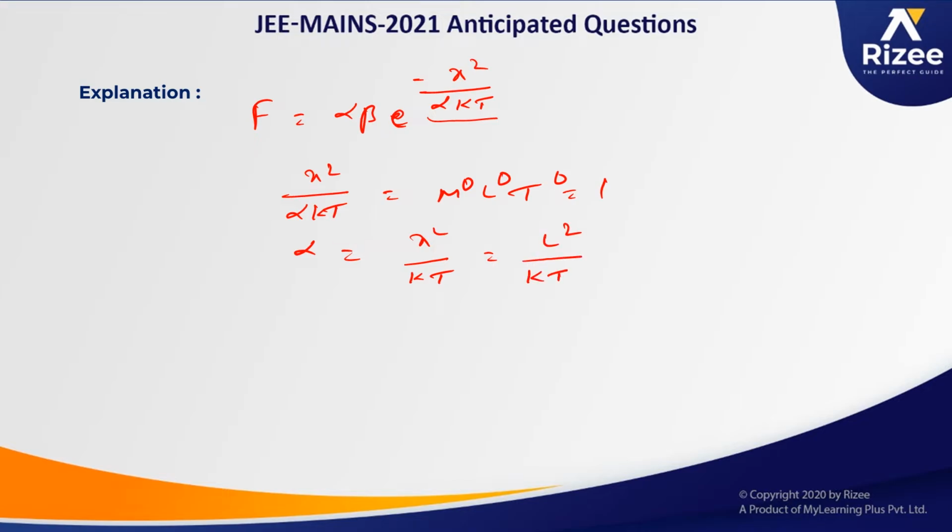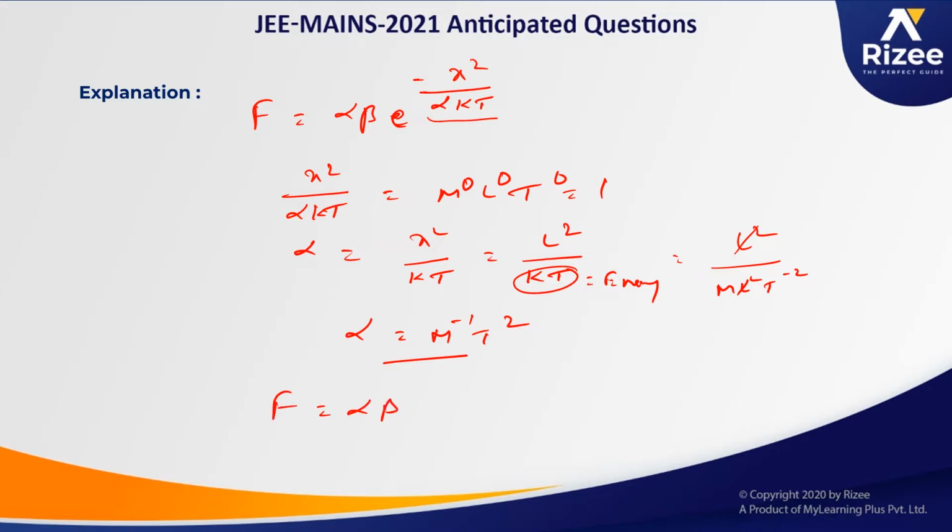kT, that is the Boltzmann constant into the temperature, is equivalent to energy, so that is M L square T power minus 2. So from this, alpha is equal to M inverse T square, and the product of alpha and beta should be equal to force.